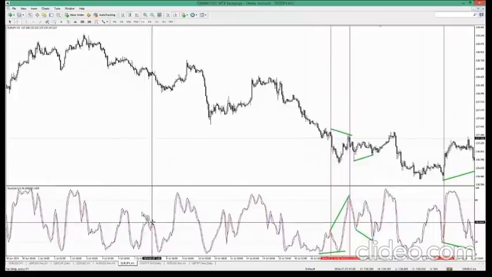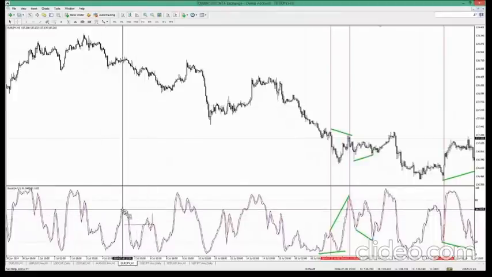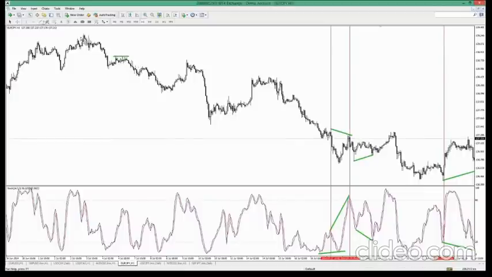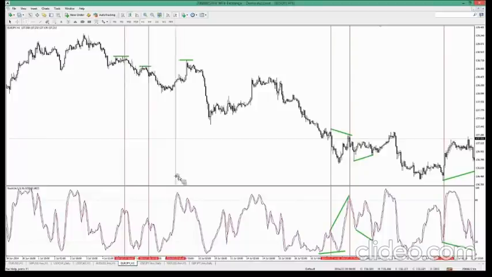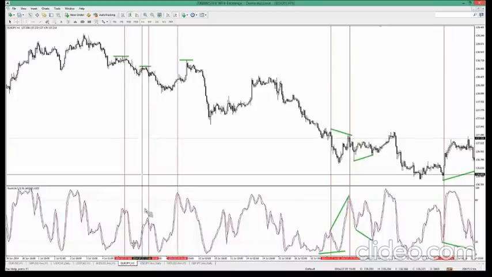If we look at this, we've got two examples here. Just follow along here. Here we've got a high. Here we've got a high. And here we've got a high. Now if we look at the corresponding highs to the peaks of price, the first one here basically gets you in trouble.